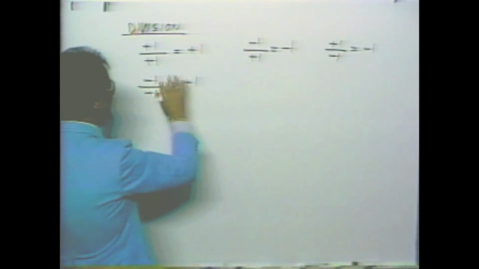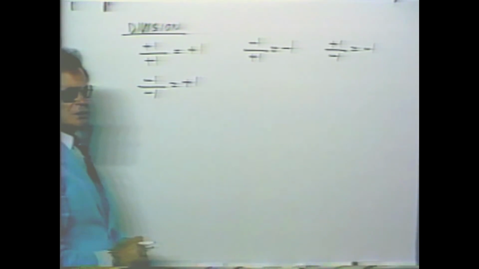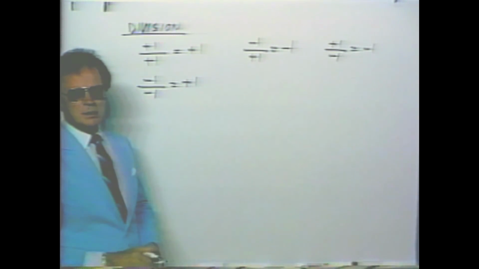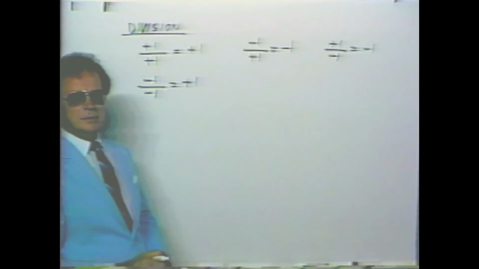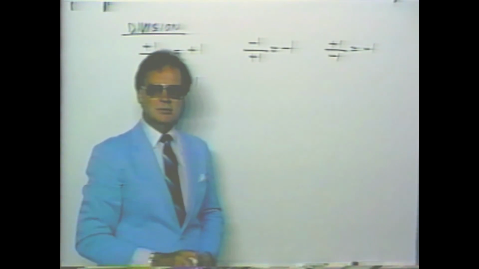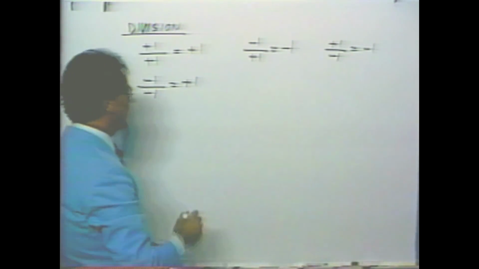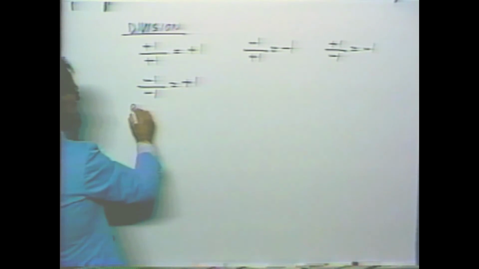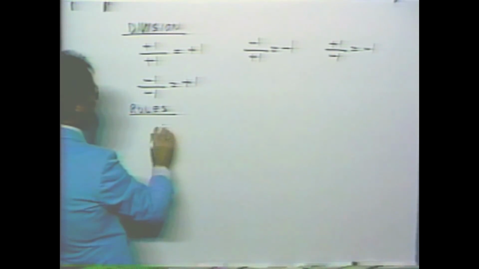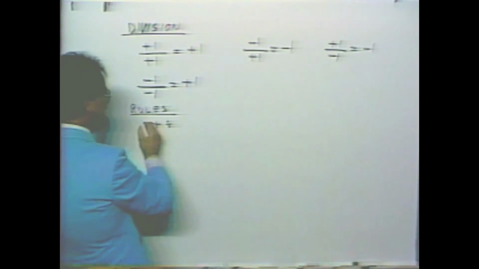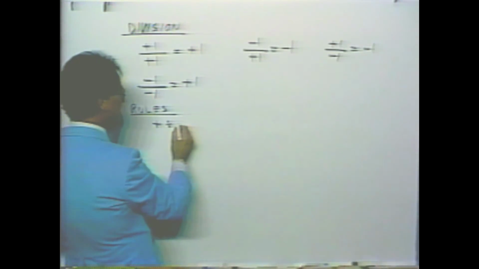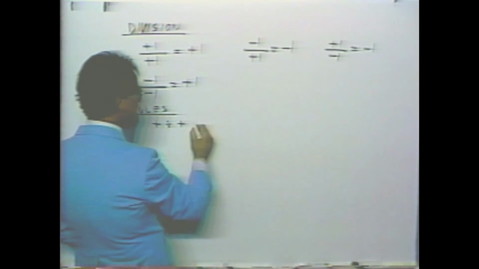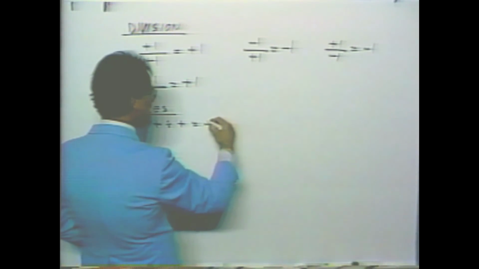Now, the way we normally remember these rules is to simply use the signs themselves and ignore numbers. In other words, the rules for division are normally thought of this way. Here we have a positive sign divided by a positive sign is equal to a positive sign.